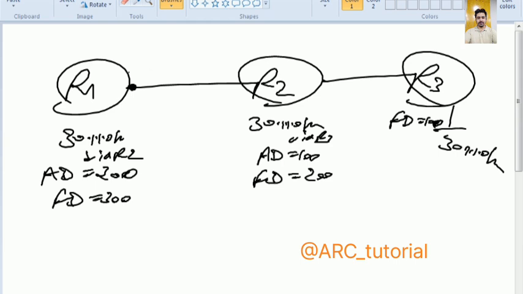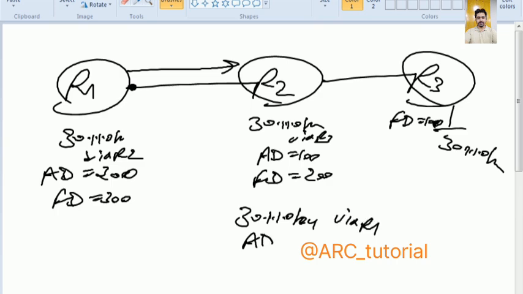So R1 is going to advertise this update back to R2, and R2 will receive this update from R1 as well, and this time R2 will receive this prefix in this way: 30.1.1.0/24 via R1. AD will be 300. It can calculate its FD.